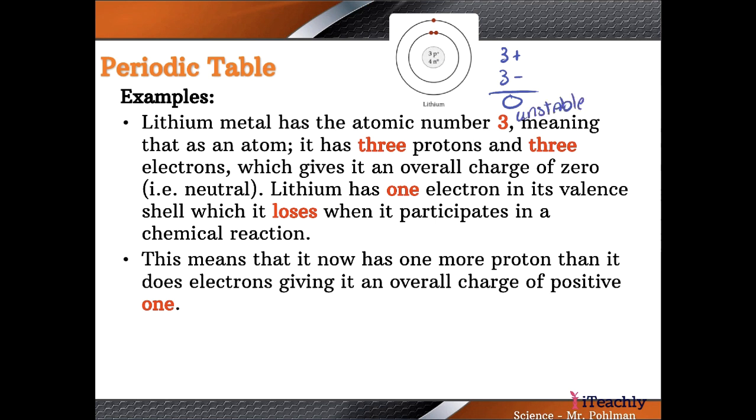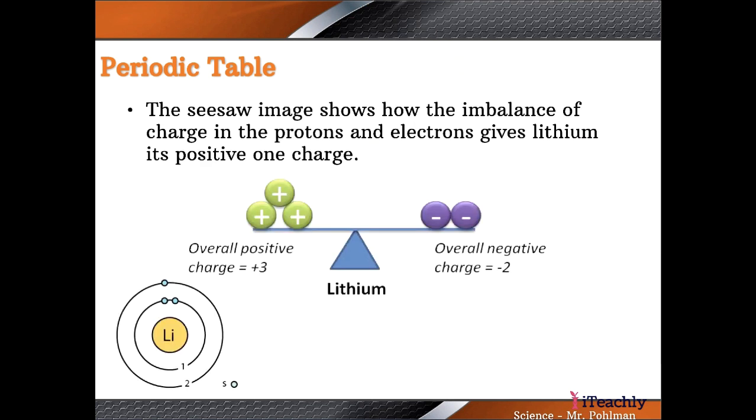Okay, so how does it become stable? Lithium needs to lose that 1 electron in its outermost shell. If lithium loses that 1 electron in its outermost shell, it becomes more positive by 1. This is stable right here. Okay, so that's why it has an overall charge of positive 1.